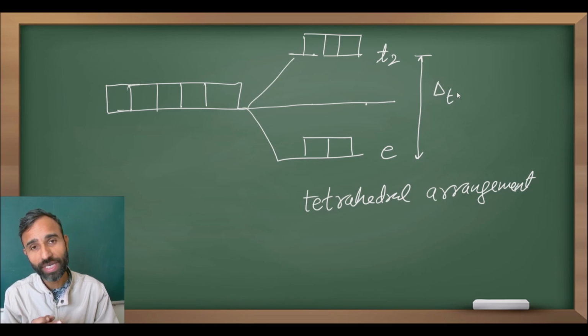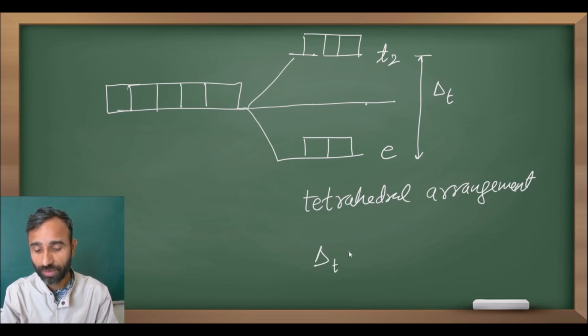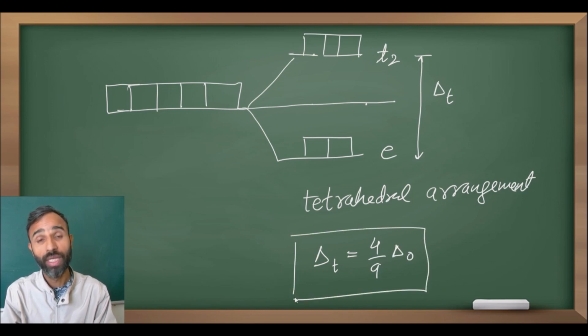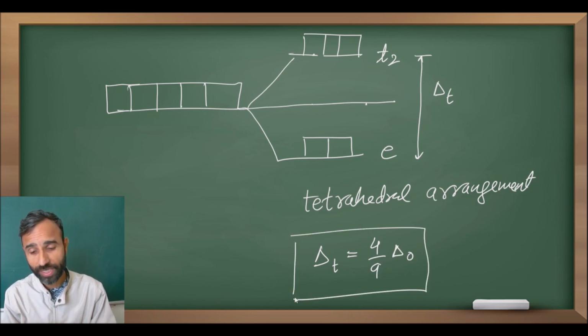Delta T is always less than delta O, and that is equal to 4 by 9 delta O, because splitting due to 4 ligands in tetrahedral is less than splitting due to 6 ligands in octahedral.